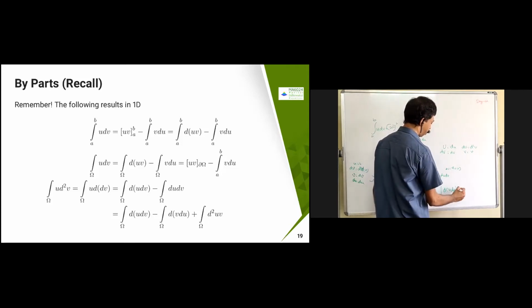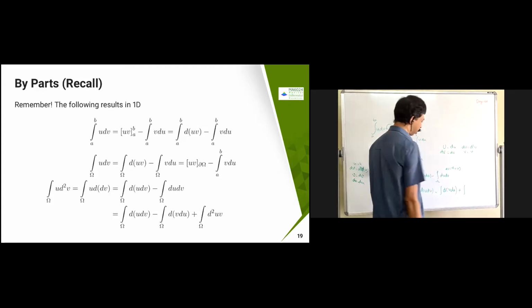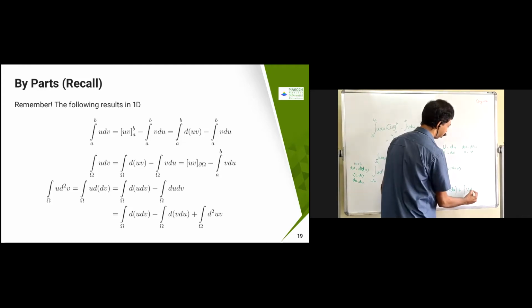Another minus will come, so minus into minus gives plus, and this becomes the integral of v d squared u.